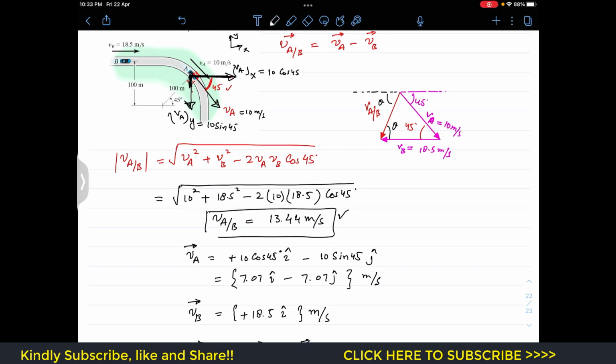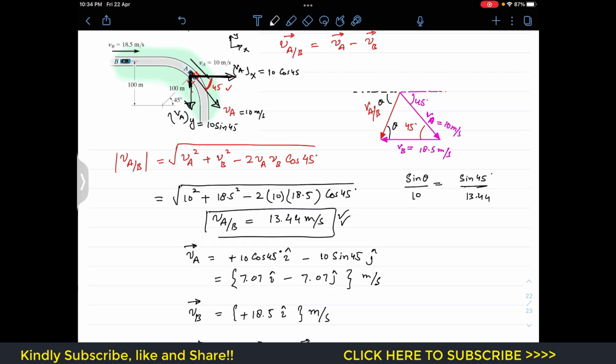Now if we apply the sines law, we will have sine of theta divided by the length of the opposite side. The length of the opposite side is 10. So sine of theta divided by 10 will be equal to sine of 45 divided by the magnitude of the opposite side, which is VAB, and that VAB has a magnitude of 13.44.